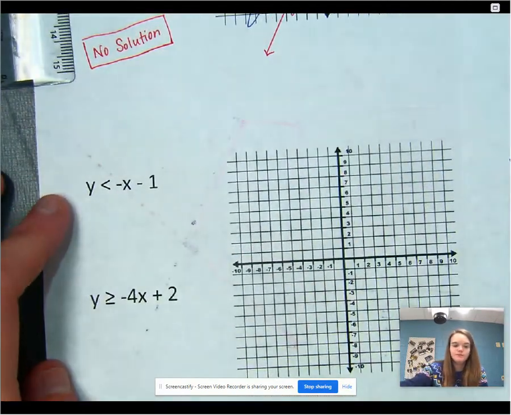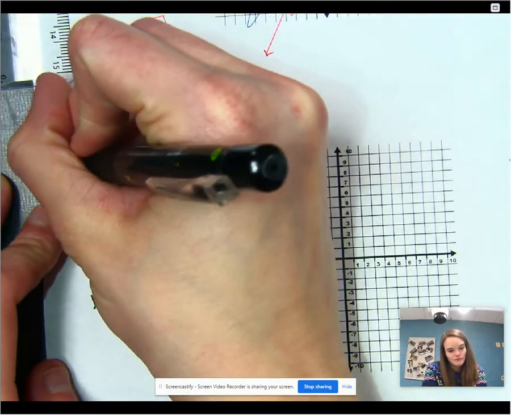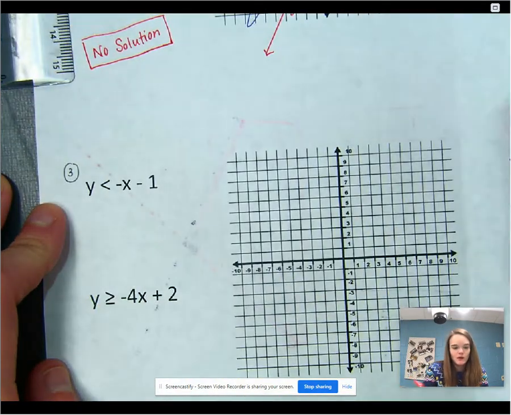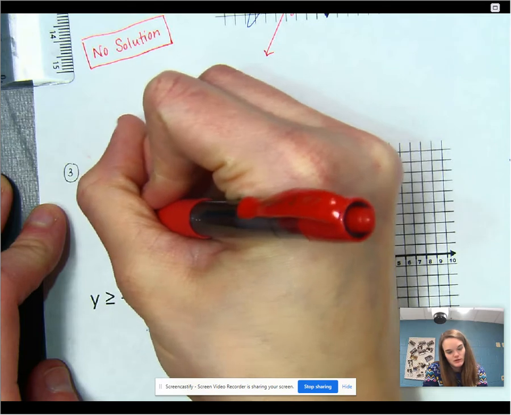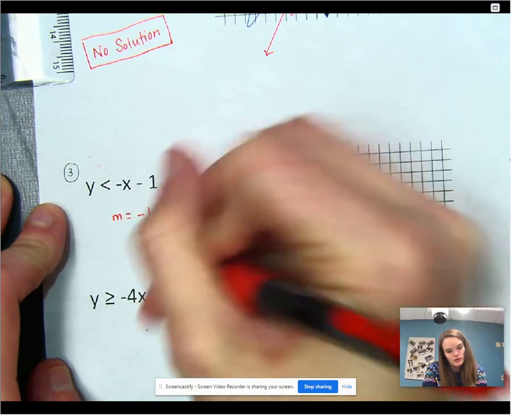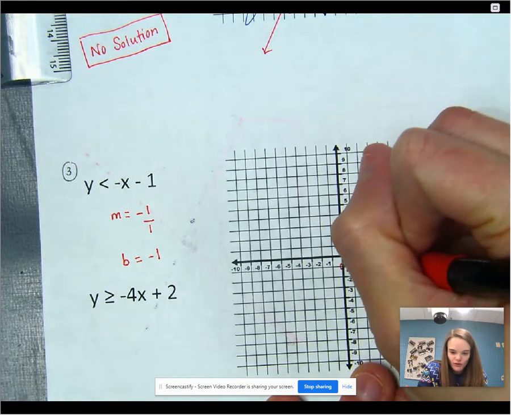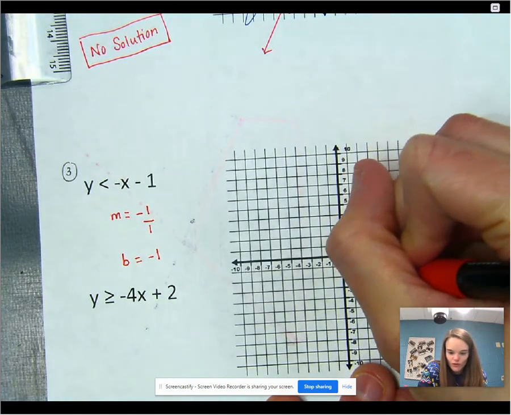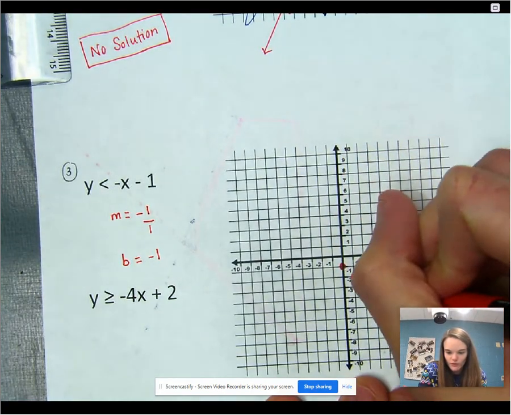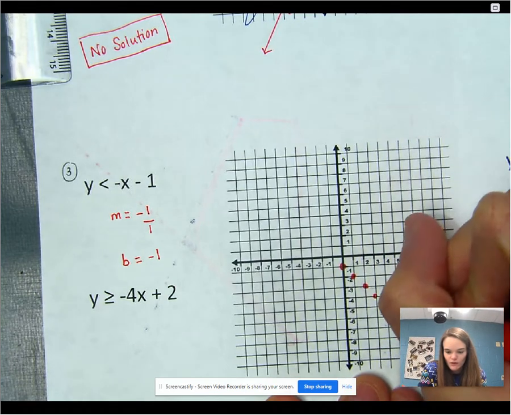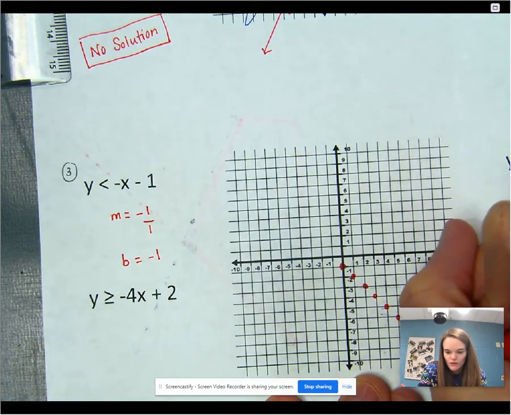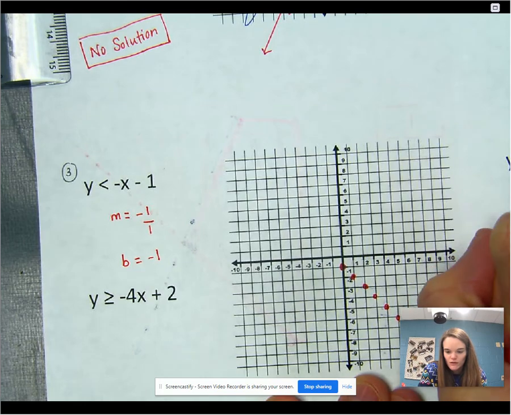Number 3. The slope is -1 over 1. The y-intercept is -1. So start at -1, go down 1, right 1, until you run out of room. Okay.